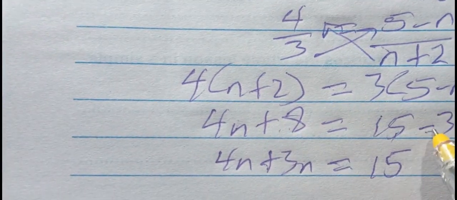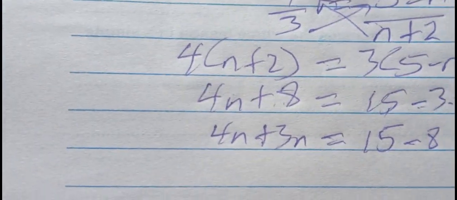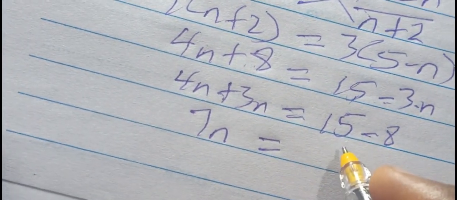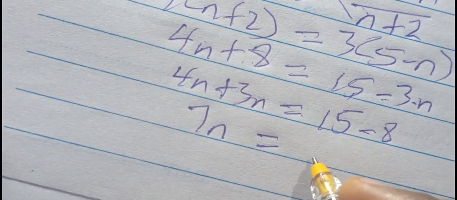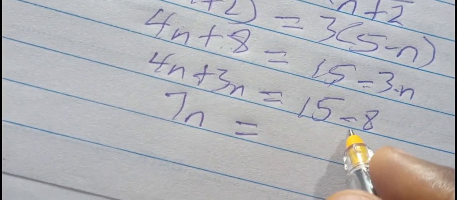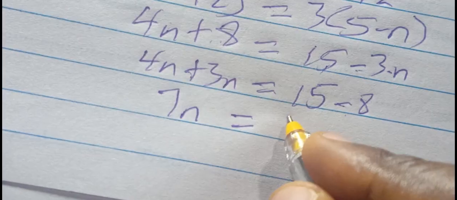Plus 8 comes to this side, becomes minus 8. So this gives us 7n is equal to 15 minus 8, which gives us 7. So when we divide both sides by 7, our n will give us 1.